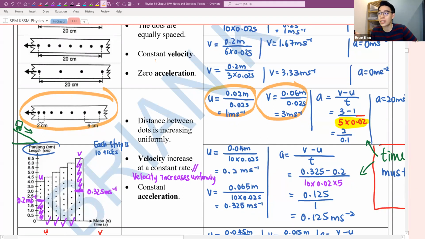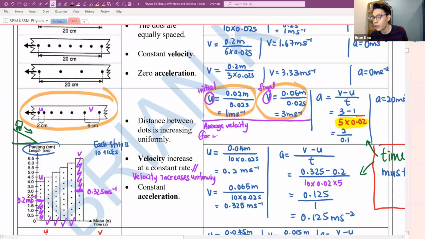I know the front part is U, I know the back part is V. But this one, what does this mean? Initial velocity. And this one? Final velocity. If you have space, can I add one more? I want to calculate the average velocity. That means for the whole journey.